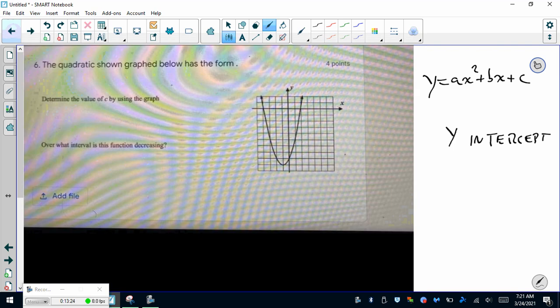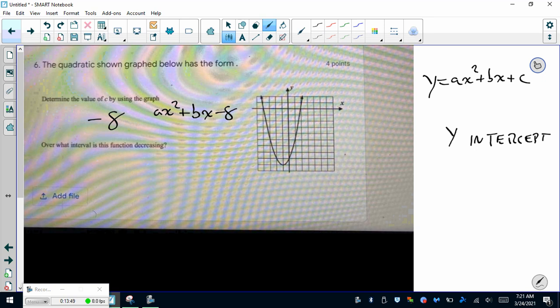So if we go back to this one, I said, hey, what's the value of c? It's right there: 1, 2, 3, 4, 5, 6, 7, 8. Negative 8. Make sure you throw that negative sign in there. So whether this function be ax squared plus bx minus 8, okay, there are some other things we can figure out about that as well.